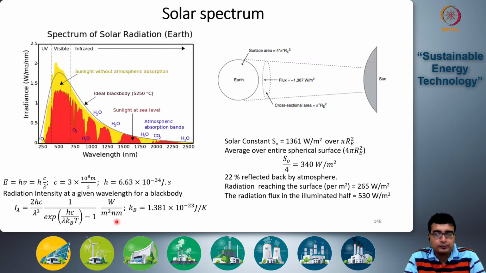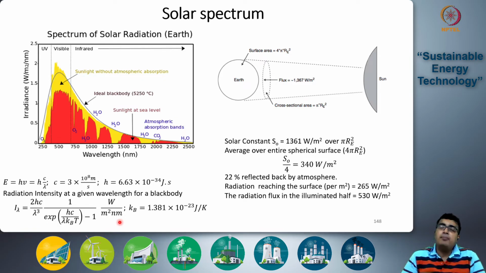And here lambda is the wavelength, h is Planck's constant, c is the speed of light, T is the temperature of the black body, kB is the Boltzmann constant, etc. So given the temperature of the black body and given the wavelength you are discussing, you can get the values of I lambda from these expressions.